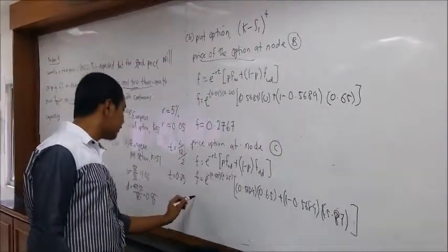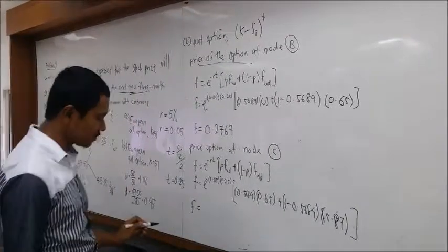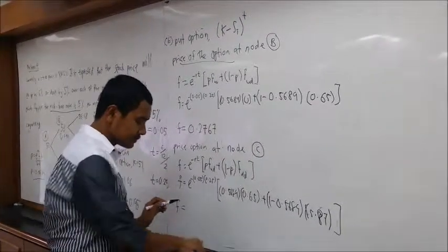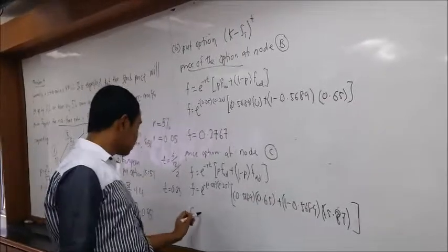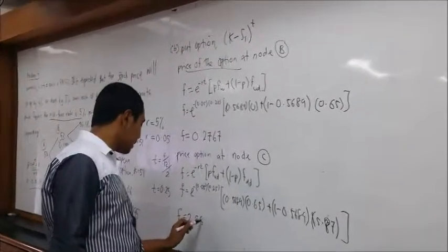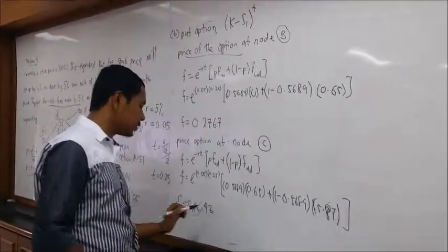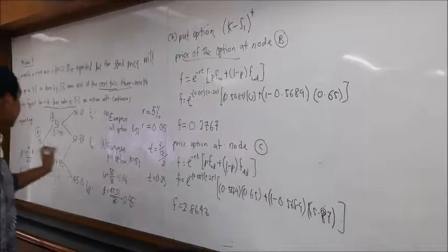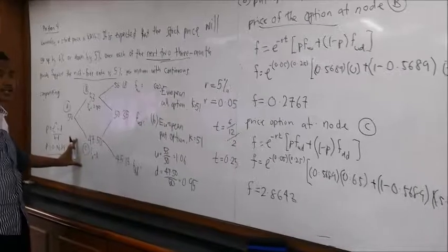So our price of the option at node C, we got 2.898643.